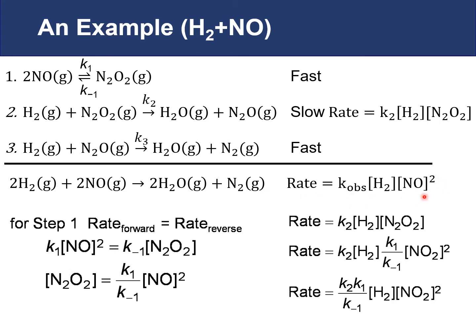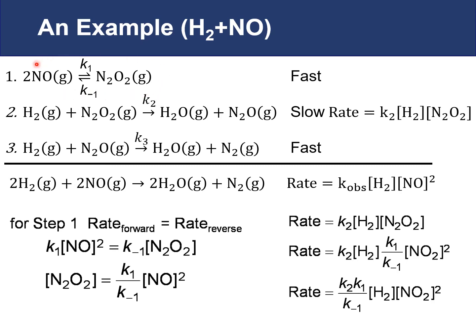So a proposed mechanism needs to account for the second order with respect to the NO. The proposed mechanism is that we have a fast initial step which rapidly produces a lot of N2O2. This builds up and eventually you get a back reaction which establishes a pre-reactive equilibrium.